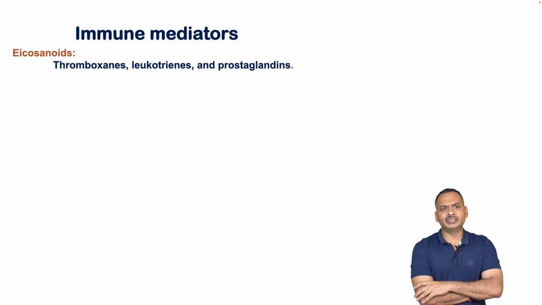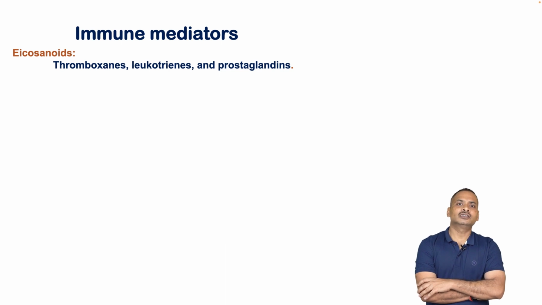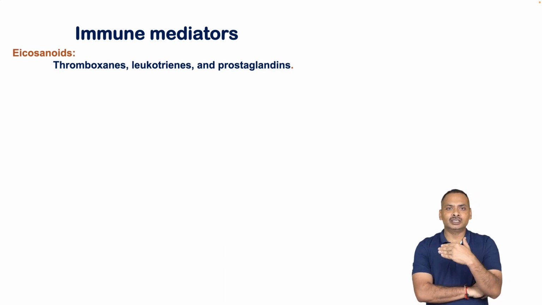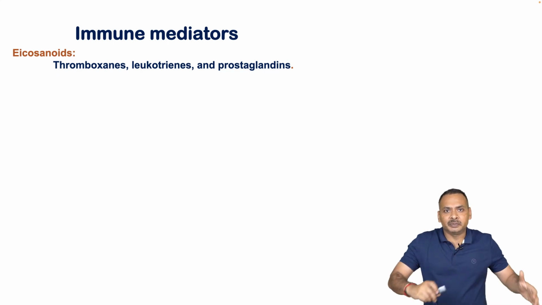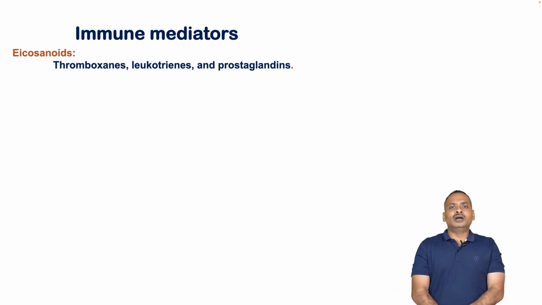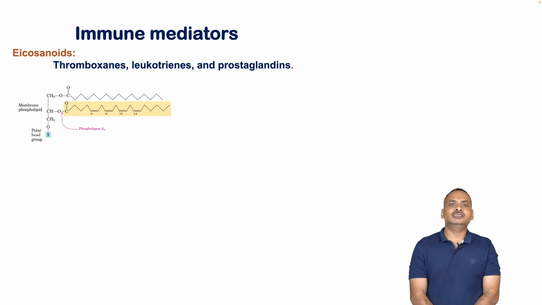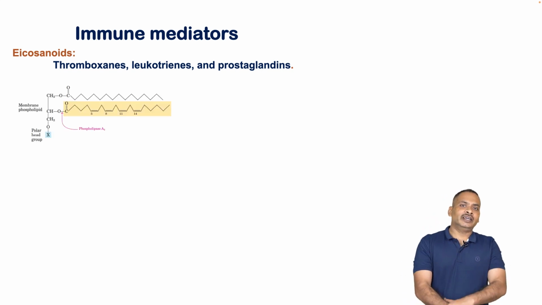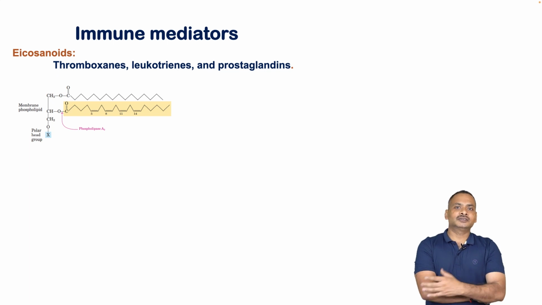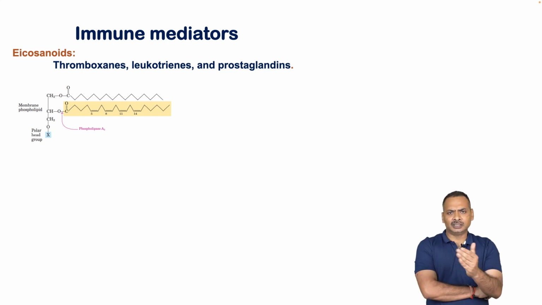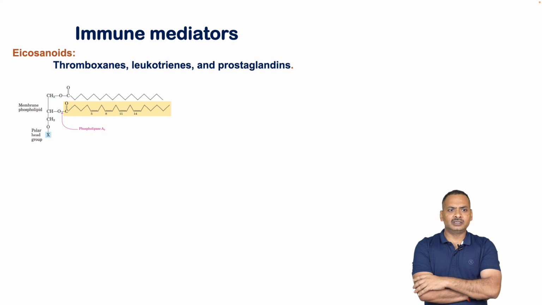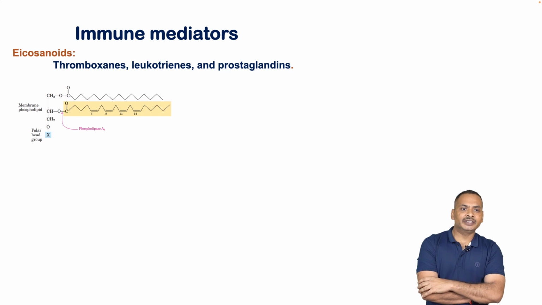Another immune mediator is the eicosanoid. Eicosanoids are lipid immune mediators, lipid based. And how are these lipids coming into action? Here you can see there is a membrane phospholipid, if you remember, and there is an enzyme known as phospholipase A2.